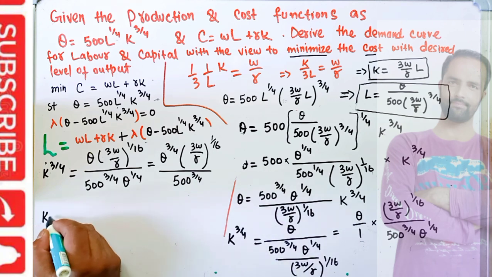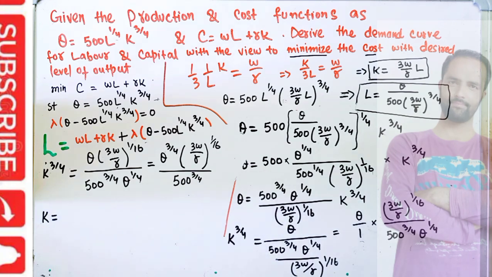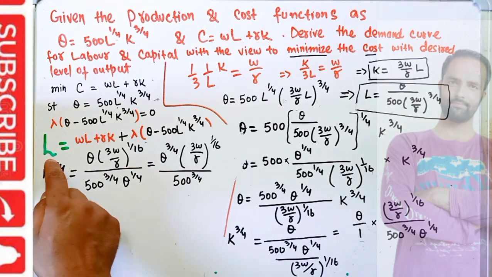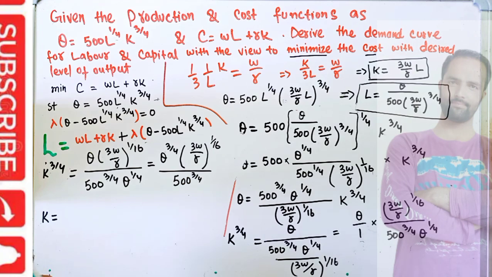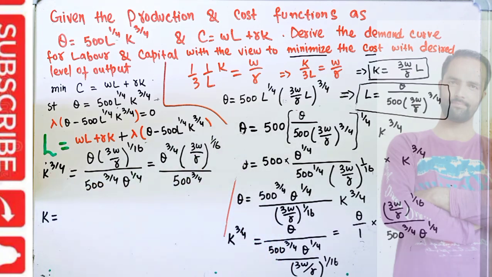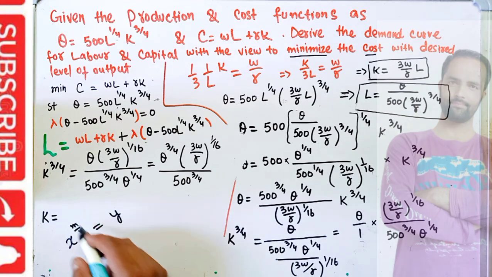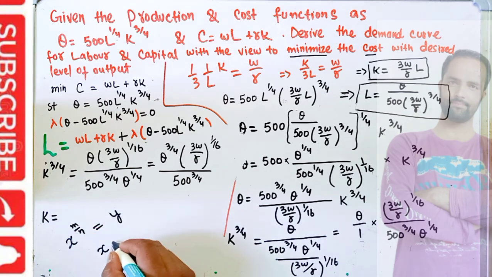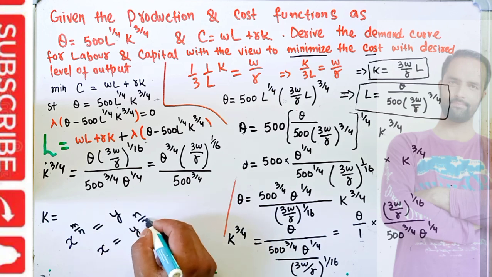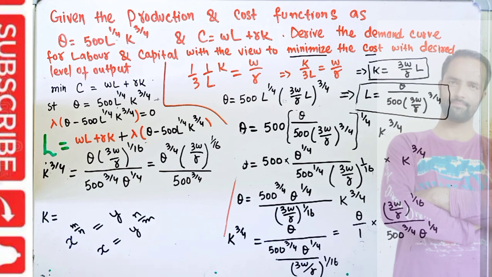Now our k will be equal to, if I want to find k, I have to transpose this exponent to the RHS, it will become the exponent there but reciprocated. If I have x to the power m upon n is equal to y, let us say, and I transpose this exponent, then x is equal to y to the power n upon m, it gets reciprocated.